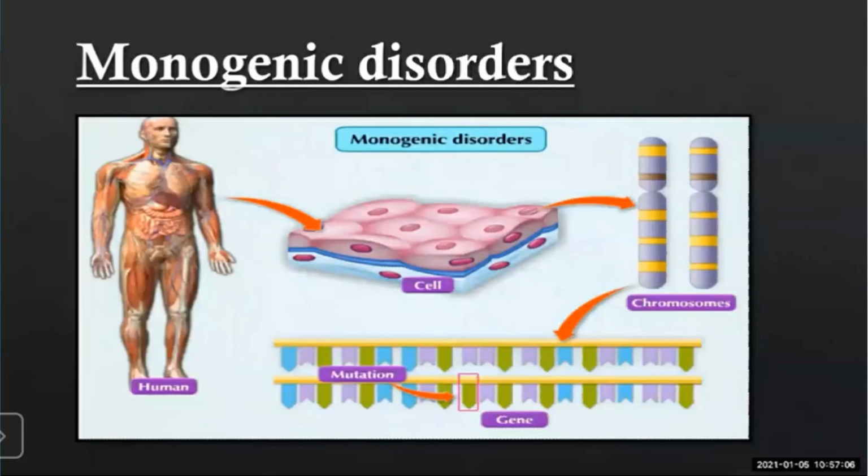Now, moving further to the diseases occurring due to mutation in a single gene, which is called monogenic disorder.